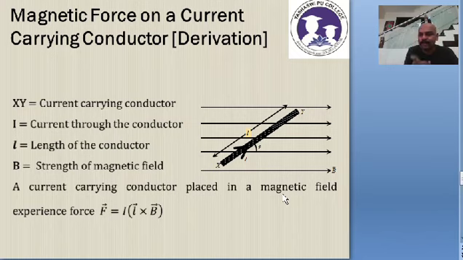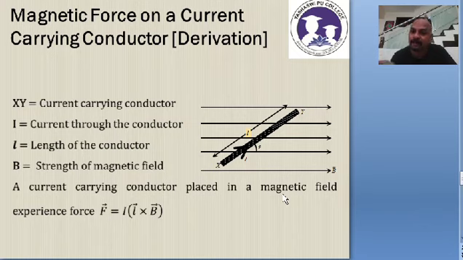Please remember, dear students, a conductor carrying current produces a magnetic field according to Oersted. A conductor carrying current produces what? Magnetic field. And this conductor carrying current is also kept in the external magnetic field.